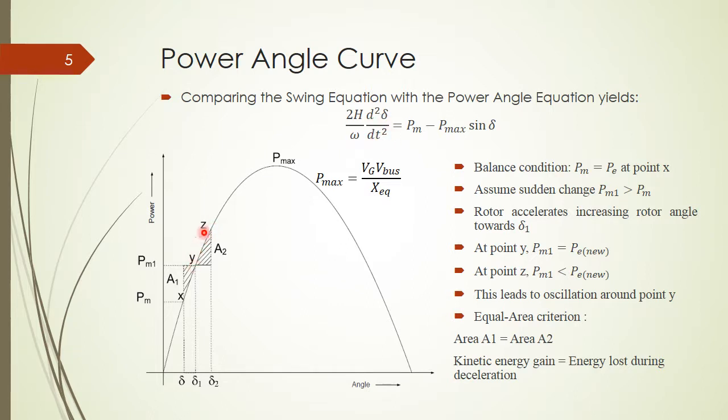So it decelerates back to Y, and then it continues to decelerate to X, and then it oscillates around Y. In this case, we look at our equal area criterion, which says that in this case A1 will equal A2 because the kinetic energy gain will be equal to the energy loss during deceleration. Here we assume that there is no loss in the winding or in the system. So the system will oscillate around Y like this.